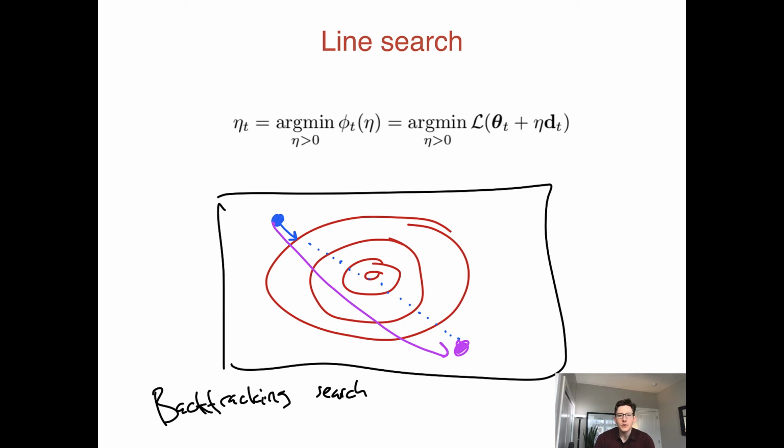And if we find out that it's worse, or in fact even not sufficiently better than our current value, we'll backtrack. That is, we'll pick some smaller value of nu, and we keep doing that until we find a value that's sufficiently small. And then we call that our new value of our parameters. So those two, the analytical solution and the backtracking line search, those are two examples of line search for gradient descent.